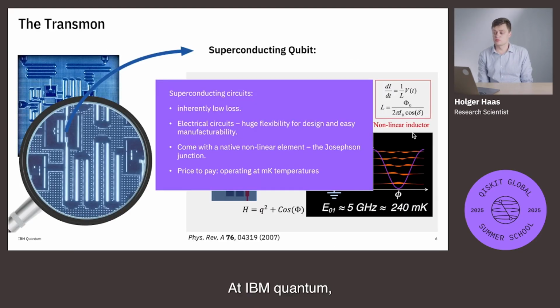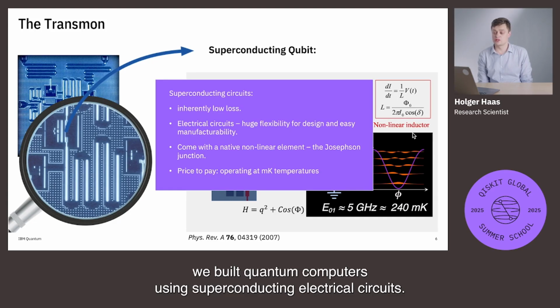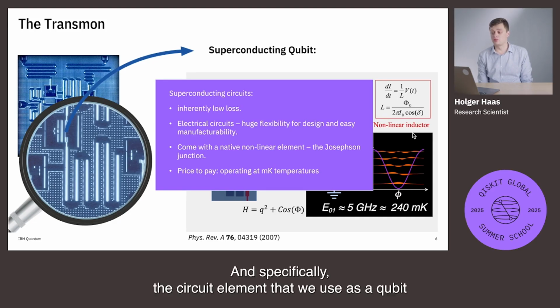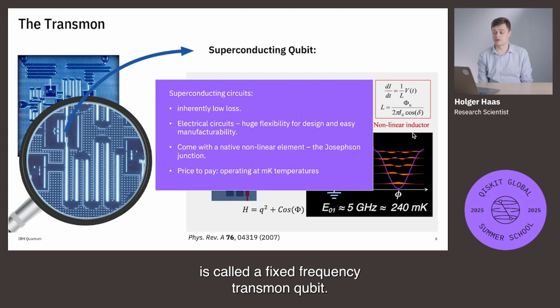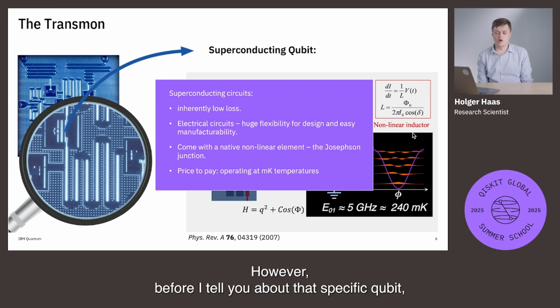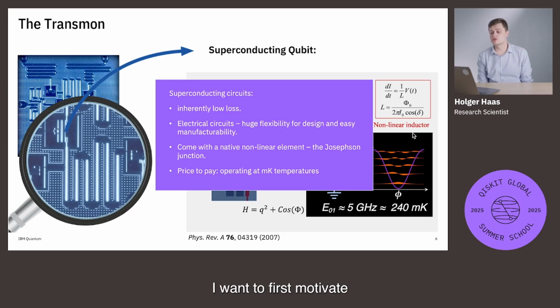At IBM Quantum, we build quantum computers using superconducting electrical circuits. And specifically, the circuit element that we use as a qubit is called a fixed frequency transmon qubit. However, before I tell you about that specific qubit, I want to first motivate why would we even turn to superconducting circuits.